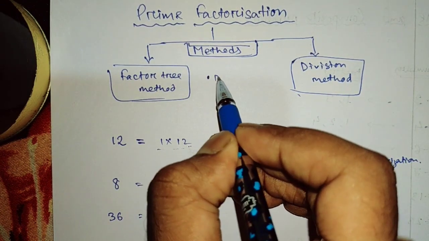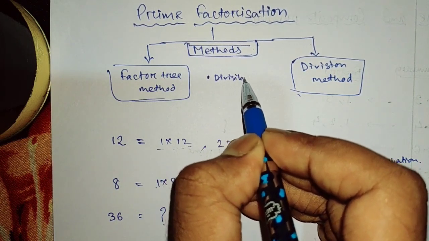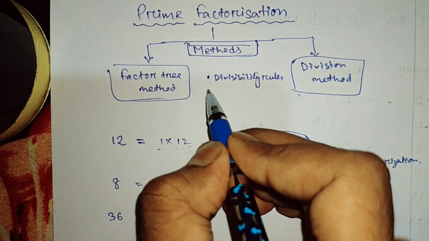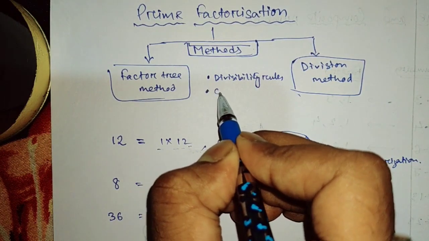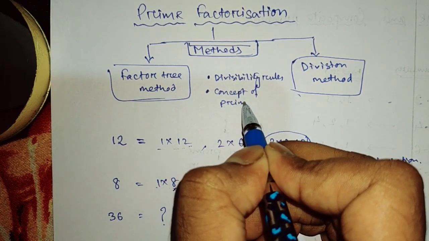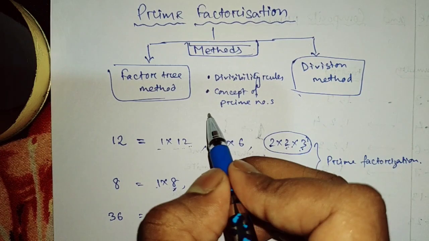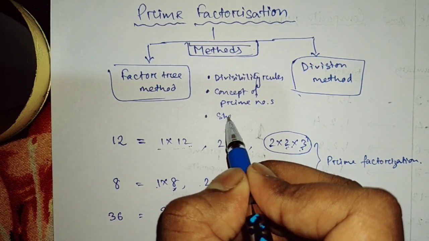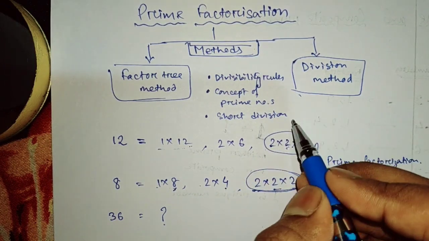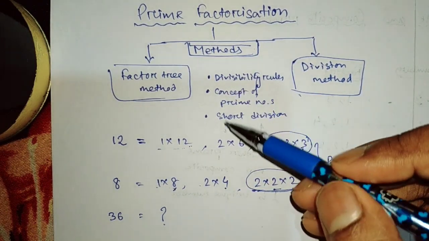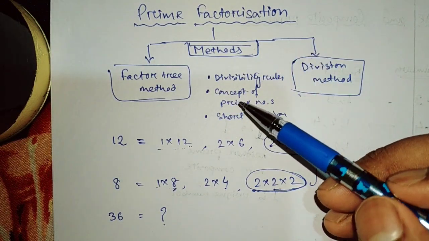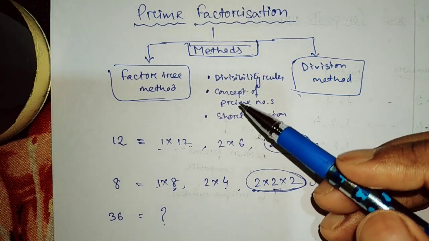First is divisibility rules. Second is the concept of prime numbers, and third is short division. These three concepts should be clear to you. Divisibility rules we studied in our last class, and the concept of prime numbers and short division we have discussed today only.